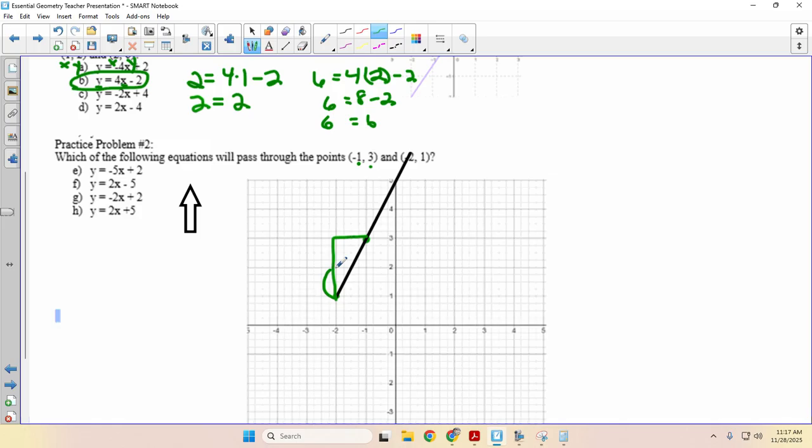So this is up 1, 2, and over 1. Okay, so we have a choice to make. It's either this one or this one because the slope is 2 for both of these, but at least we've now eliminated these two guys. Okay, we just have to determine, is the y-intercept -5 or +5?